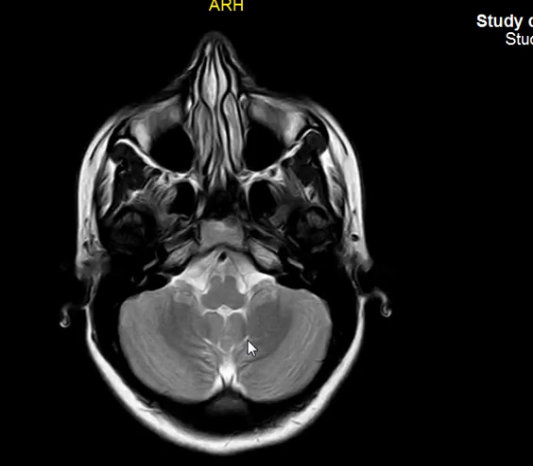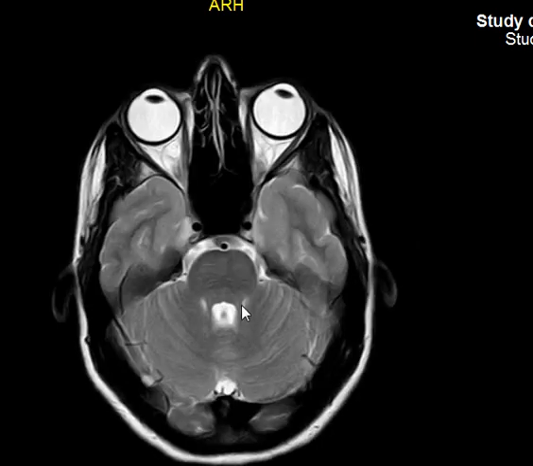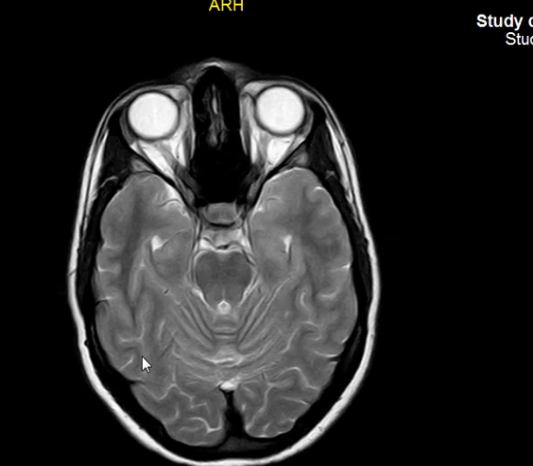The inferior are not quite seen, but the superior cerebellar peduncles are seen obviously here. Connecting to the midbrain or pons? Superior should be to the midbrain. The middle is with the pons, and the inferior should be with the pontomedullary junction or medulla oblongata.